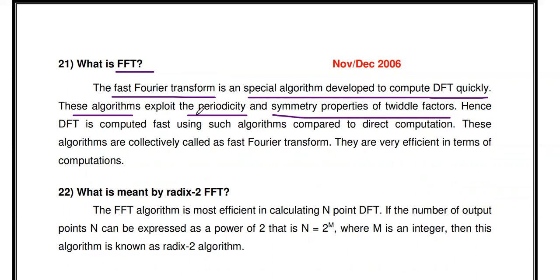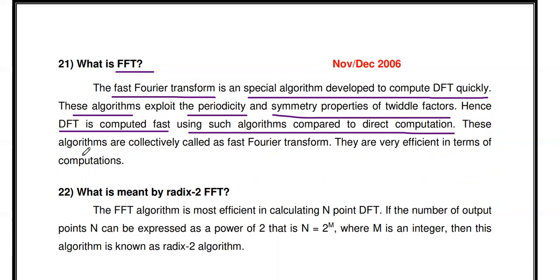So this algorithm utilizes the fact that the twiddle factor WN has two properties, periodicity and symmetry. Using those properties, we develop this algorithm. Hence, the DFT is computed fast using such algorithms compared to direct computation.